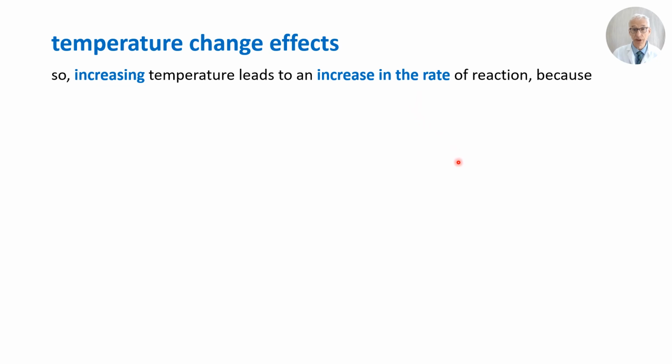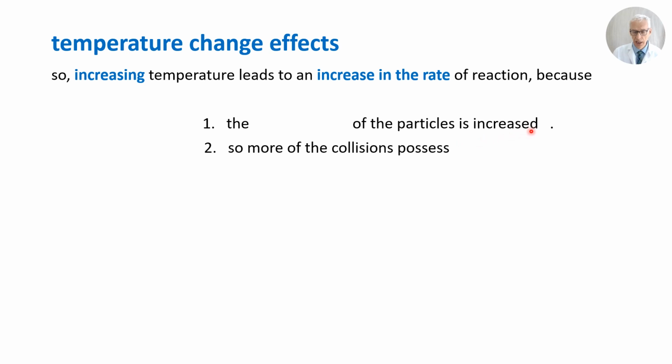Okay, so I'm going to reveal my linked ideas. There's an increase in the property of the particles as the temperature increases. That, of course, is the kinetic energy. If the kinetic energy of the particles is increased, so more of the collisions possess the activation energy and are successful.